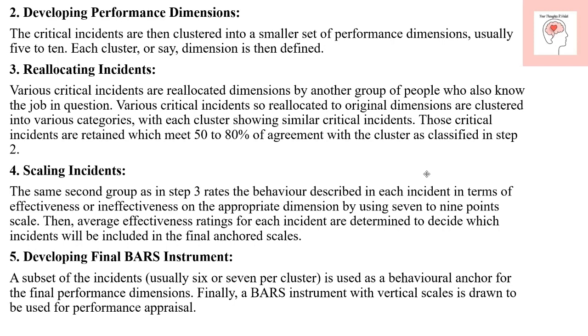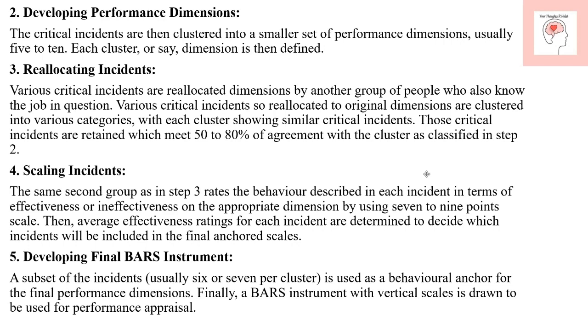So first it will be asked of supervisors or job holders. Then another group of people, who can be fellow employees, can be asked about the performance of the employees. Then again the same process will happen, reallocating to original dimensions.